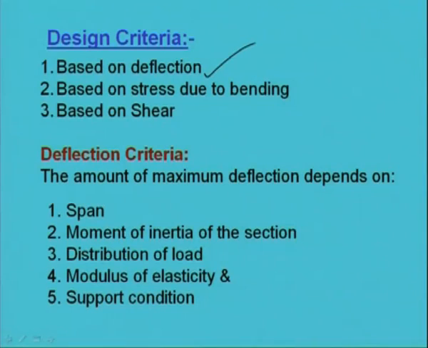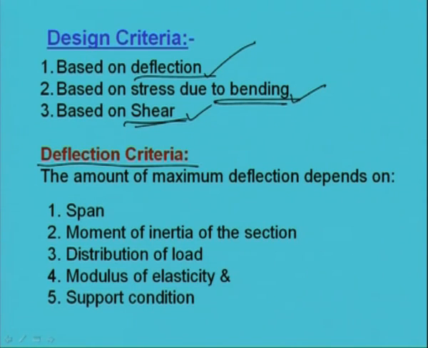So, three things we have to see: we will design the beam member with basically three conditions. One is deflection, another is bending, another is shear. So, in case of the deflection criterion, let us see what has been given in the code and how we will proceed.